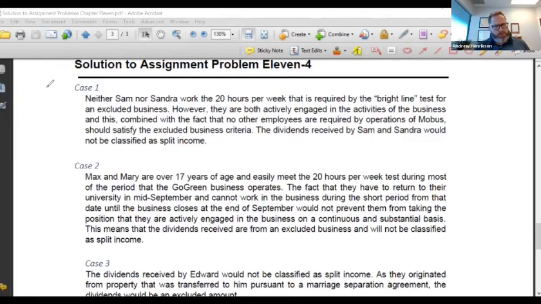By the way, the calculations of the tax implications are on page 533. It mentions here, when a specified individual receives split income, their tax payable is made up of 2 components. The first component is based on a calculation that removes the specified individual's split income from the total.